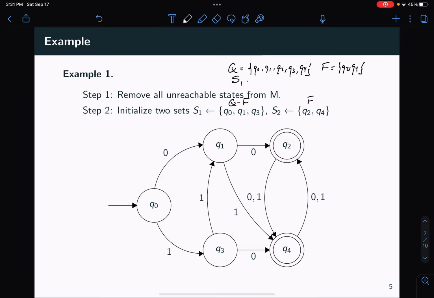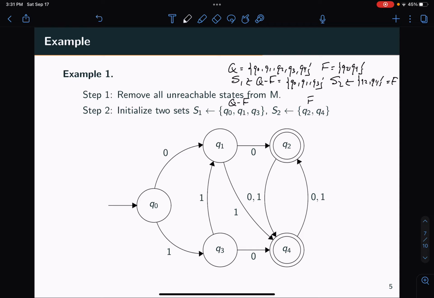So then S1 is assigned Q minus F, which is Q0, Q1, Q3. And then S2 is assigned Q2, Q4, which is F. Okay? So those are my first two partitions.